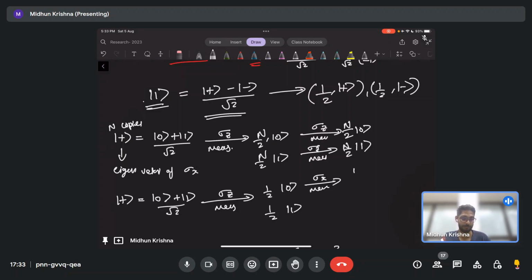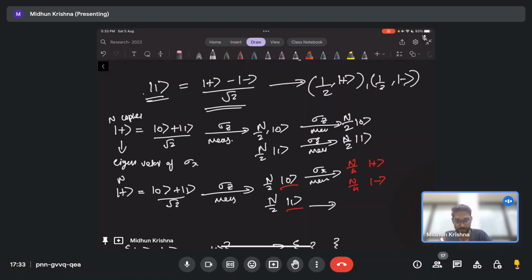Now if I do this, the 0 would with 50% probability give me the plus state. I'm sending n copies again. When I did Z measurement, half of them became 0 and the other half became 1. But after Z measurement, if I do X measurement, they don't commute. So half of these, n by 4 of them, would become plus state, and n by 4 of them would become minus state.